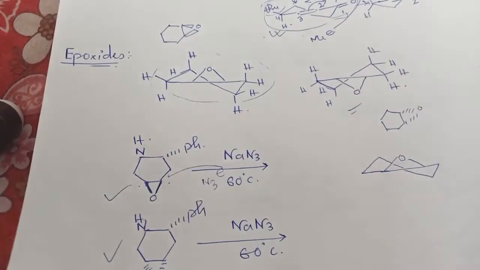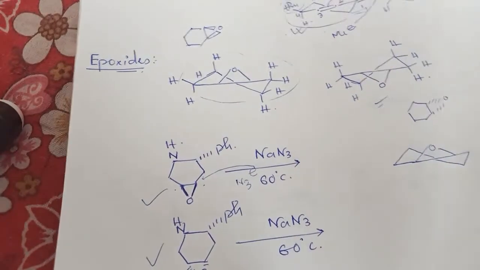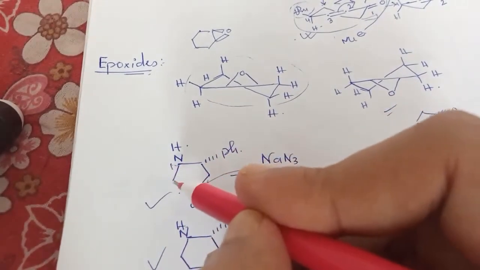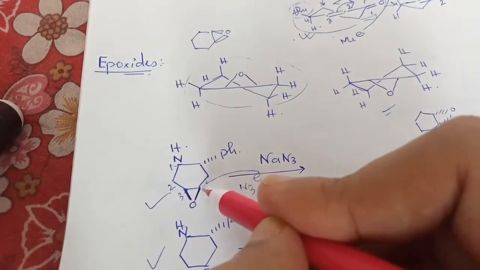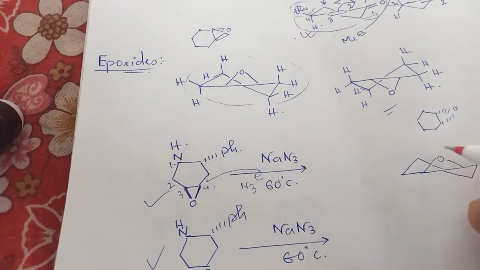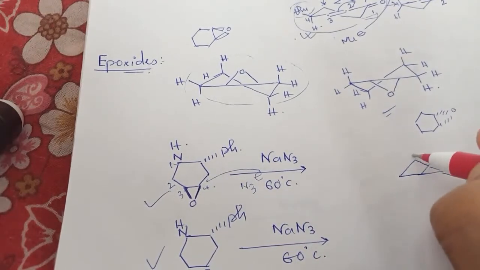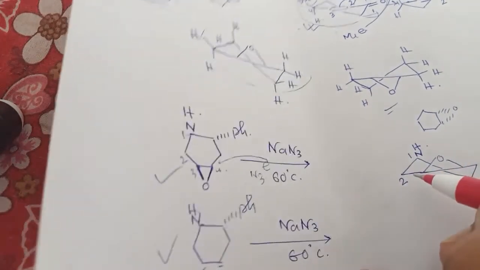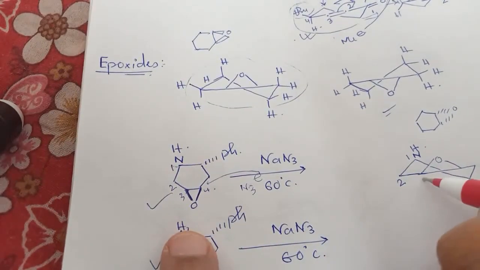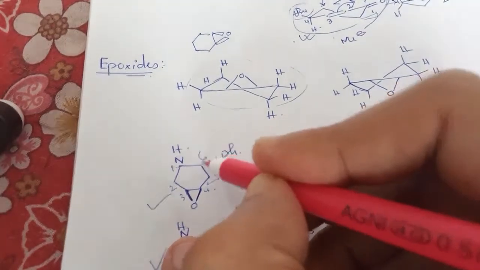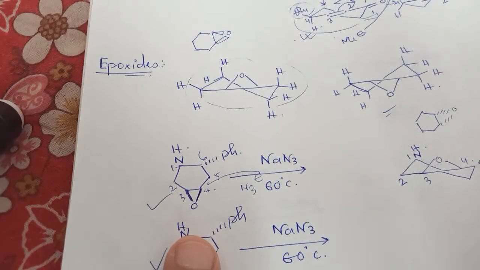Okay, this is the epoxide. If you number it 1, 2, 3, 4, that is 3, 4. One, two, 3, 6, 5, 6.